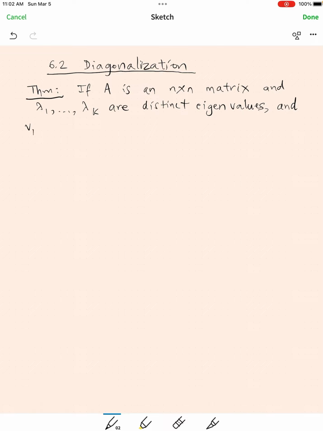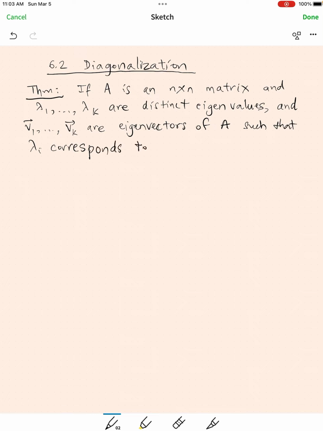So v1 through vk are eigenvectors of A that correspond to the lambda i's, such that lambda i corresponds to vi for i from 1 to k.